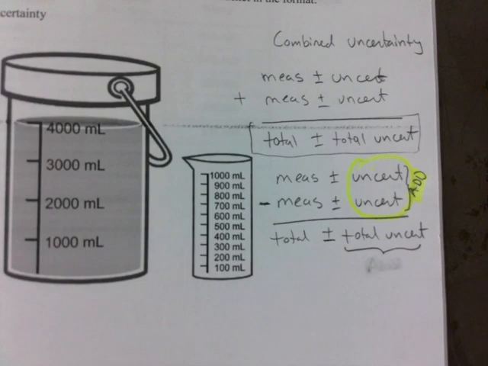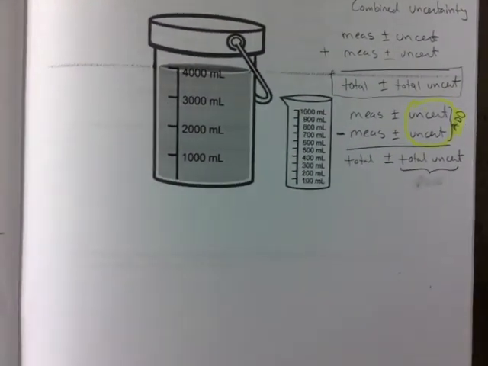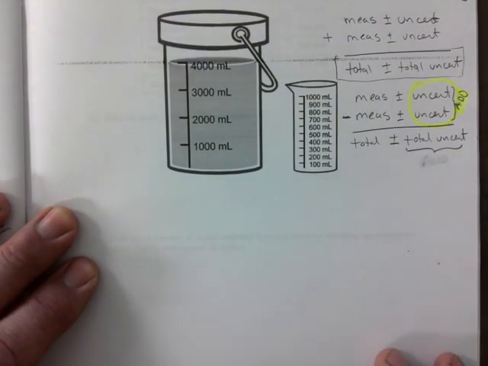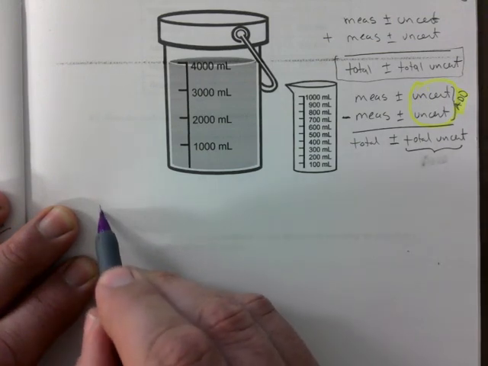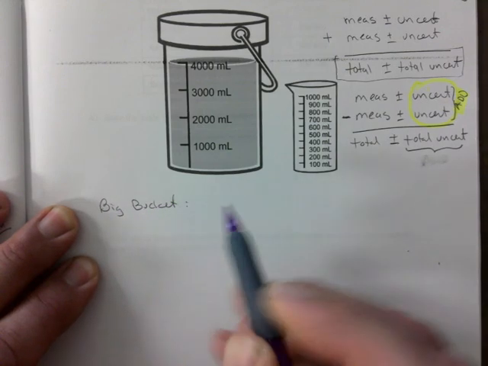In this case, we're removing from a bigger container. So let's put this to the test. Okay, Roel, can you read that? Yeah. So what's happening here is the big bucket has how much?